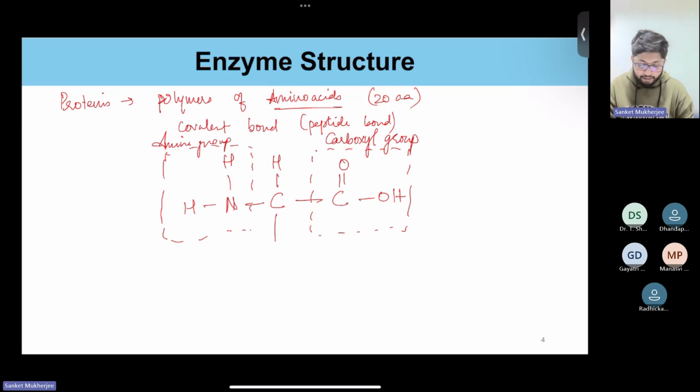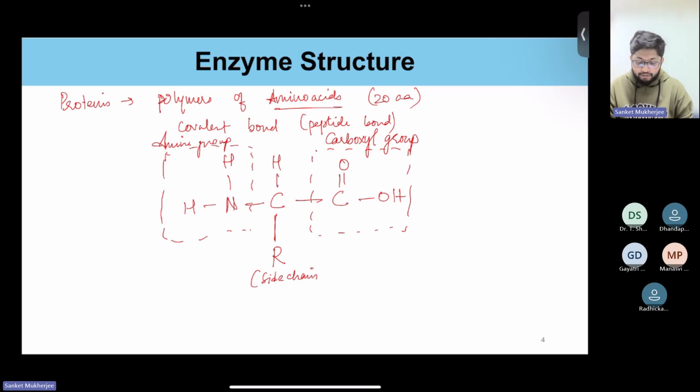And then there is an R group. This is a functional group which changes in different amino acids. This R will change and give several different properties to an amino acid. This R is also called the side chain. We will look at it in detail when we look at all the amino acids.